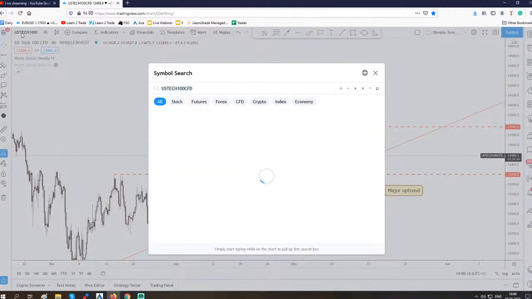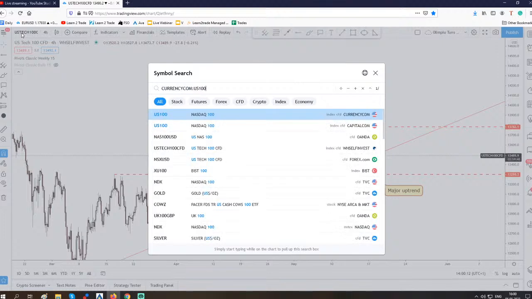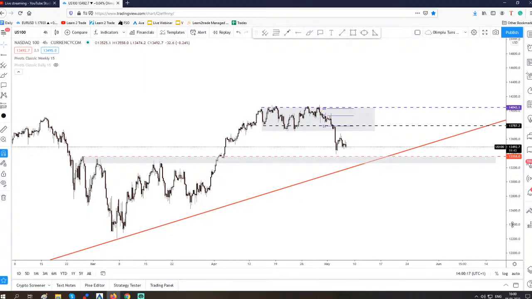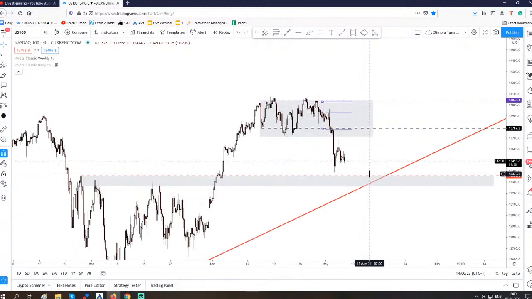Okay, US 100, Nasdaq. So a further drop here towards the support area, towards the uptrend line, could bring us a new buying opportunity here. And if we'll have a new long entry, a new buying opportunity here on the Nasdaq, on the US 100, I will post the buying signal into the VIP Telegram group.